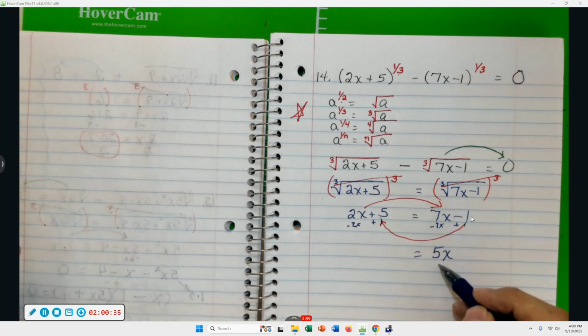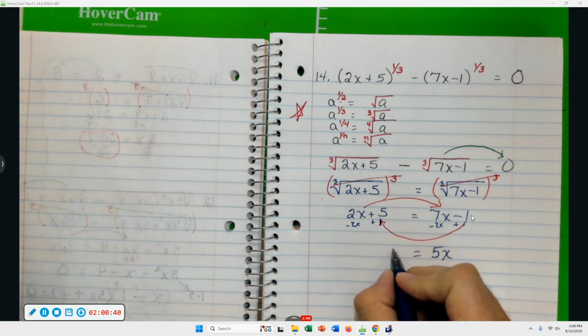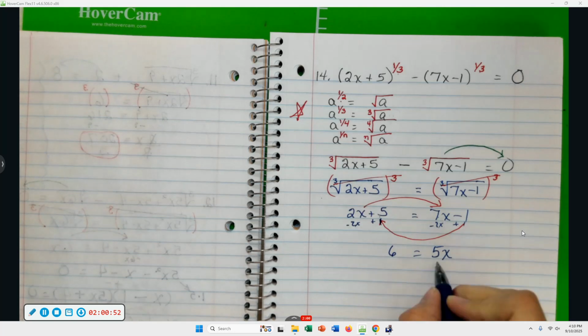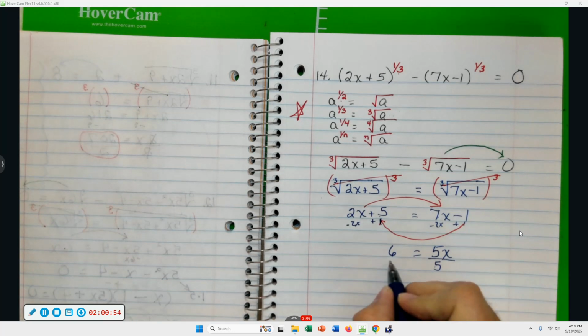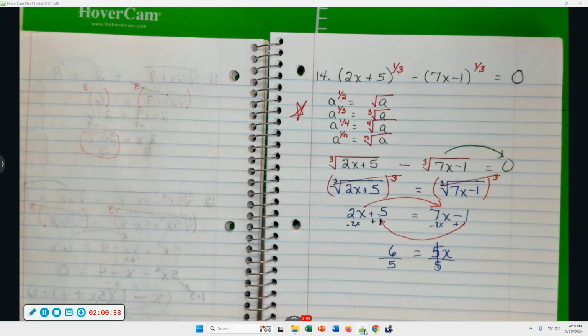That's where I got the 5x. And what's going to be over here when I add 1? 6. Are we almost ready to type in the answer? What's one more step I got to do? Divide by 5. Over 5, over 5. X is by itself.